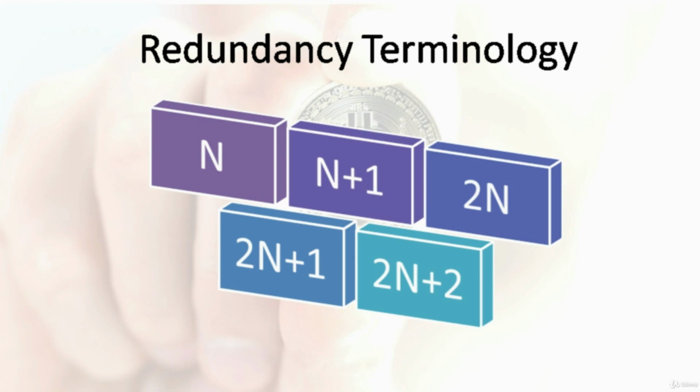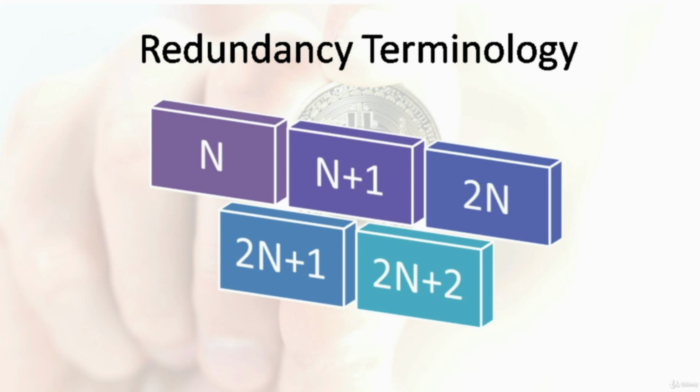As you can see in front of you, there is N, N plus 1, 2N, 2N plus 1, and 2N plus 2. Now, N is the minimum number of components required to operate the environment. So in this case, it means that there's no redundancy.